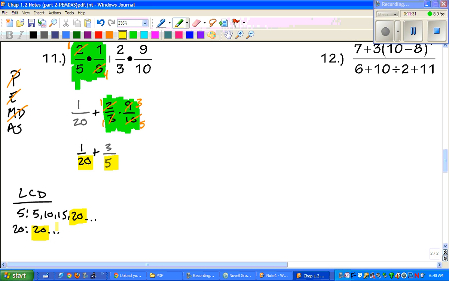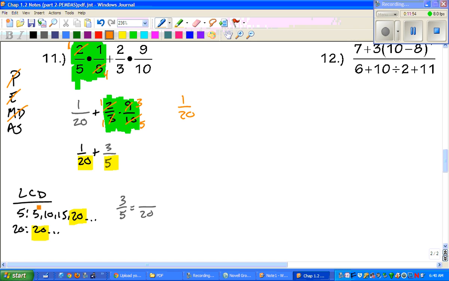20. Now, this first fraction already has a denominator of 20, so we don't have to change anything. But now, 3 over 5, we have to make that 20.